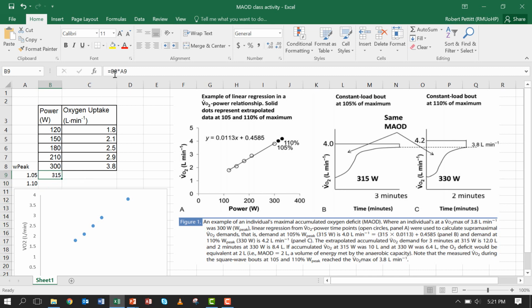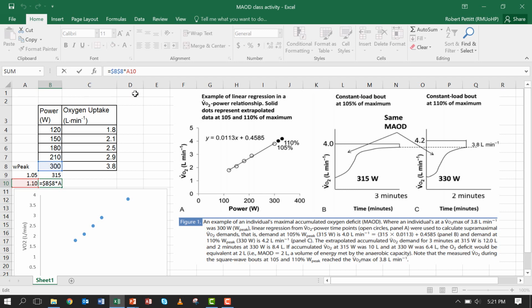Some people are not savvy with Excel, so I'll just show you some tips. If you use the dollar signs, now when I drag that down, it automatically populates and it keeps the blue cell constant with the dollar signs.